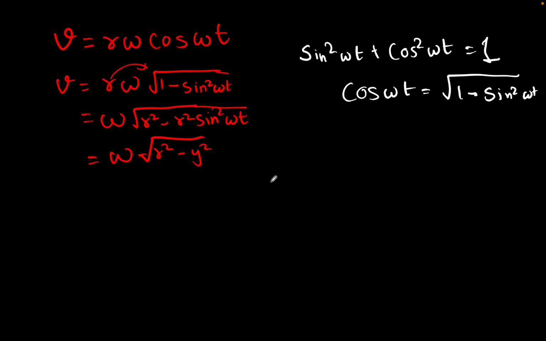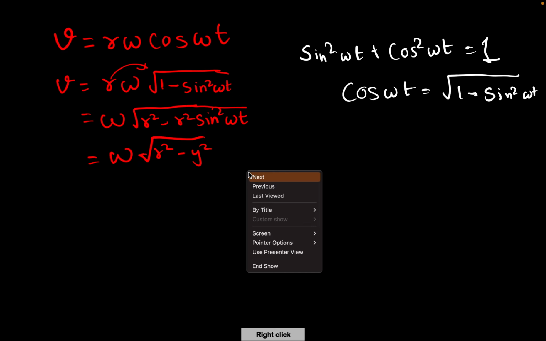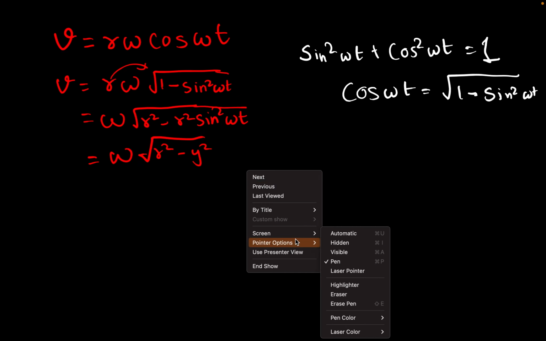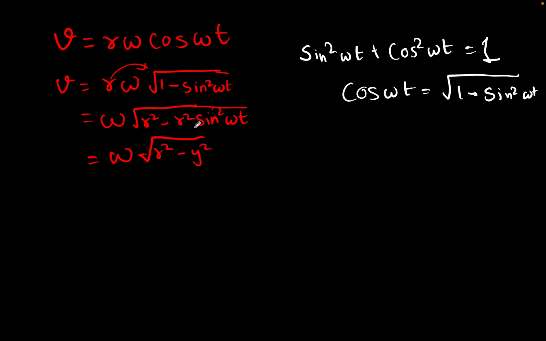All right, so this is our velocity, hence v is equal to omega times the square root of r square minus y square.